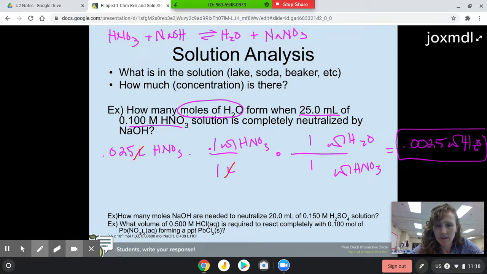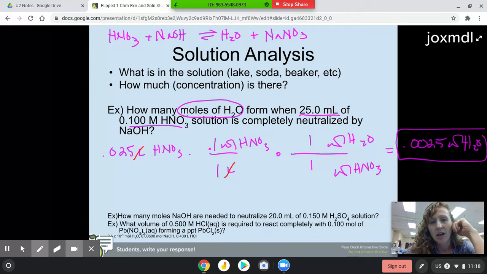I just assumed that the ratio is 1-to-1 because I didn't write out the whole formula. Is it normally going to be a 1-to-1 ratio, or does it depend on the question? It depends on what your reactants are. You're going to get really familiar with neutralization reactions, especially once we go through the acid-base chapter, which is not until later in the year.